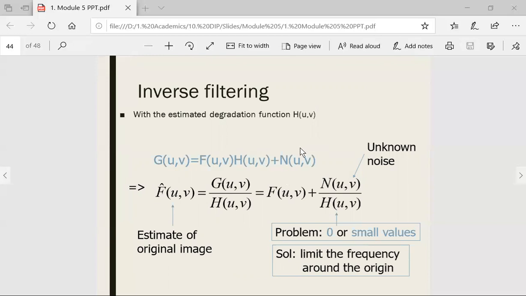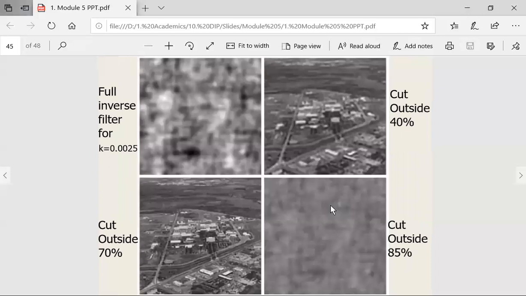To estimate the original image, you calculate f of u comma v equal to g of u comma v by h of u comma v, which can be written as f of u comma v plus noise. This noise is unknown, and h of u comma v is a degraded problem. This is one example of a degraded image.